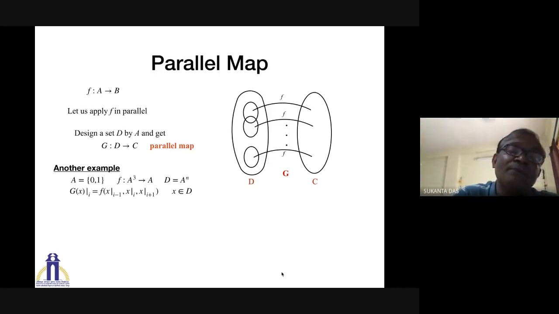Now how am I defining G of x here? Each element of G of x is calculated in this way.